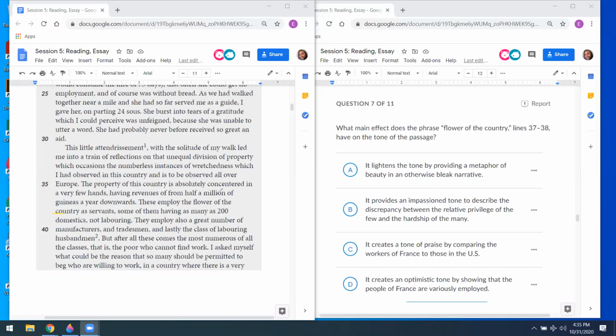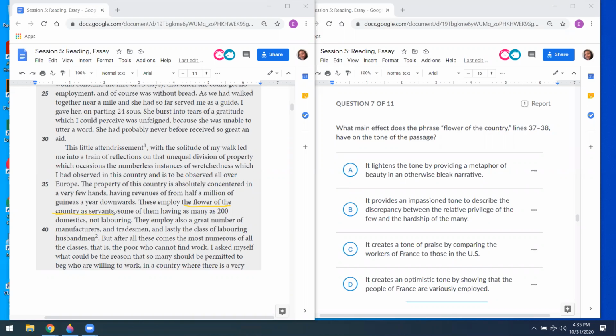And the other reason is that if you see flower of the country, it means the importance of the country, like what is the core of it.